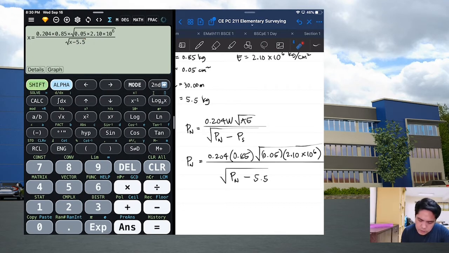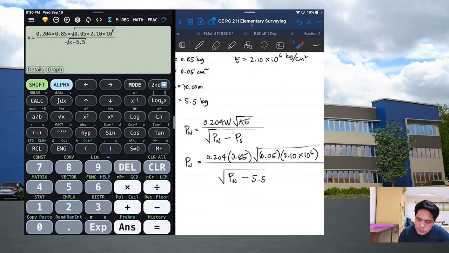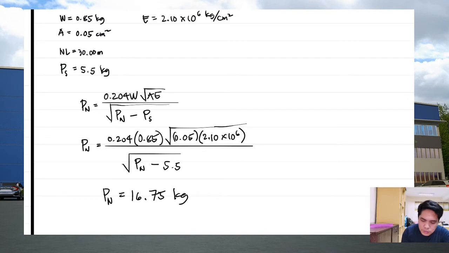Then just shift solve, the calculator processes it. It takes very long. So, a few moments later, the answer is 16.75. If you do it manually, the calculator might only solve it tomorrow.